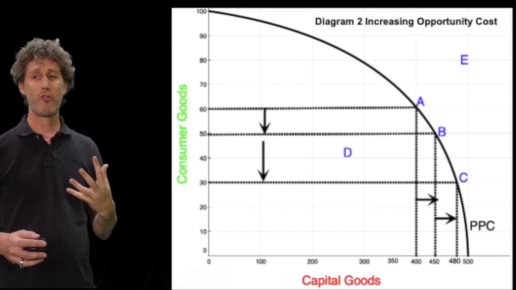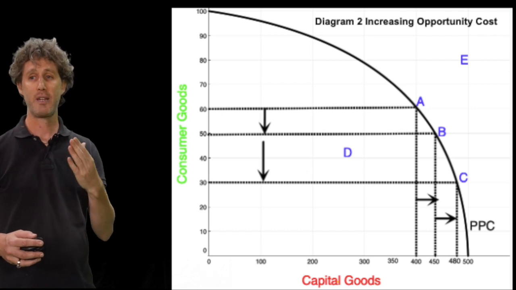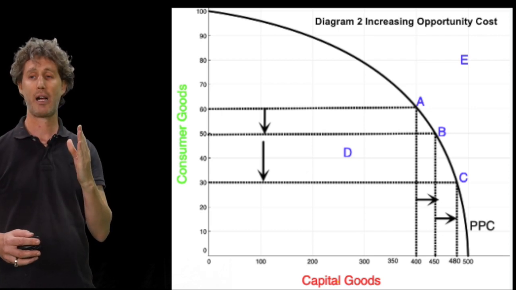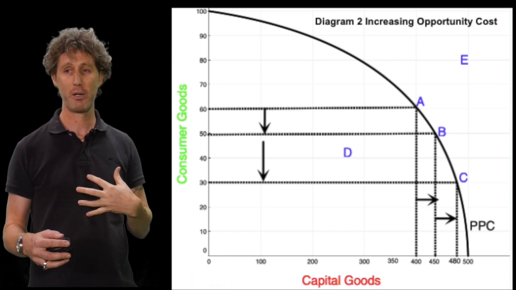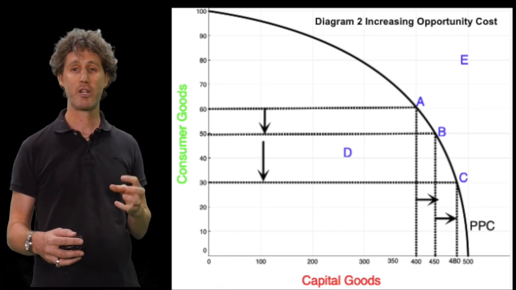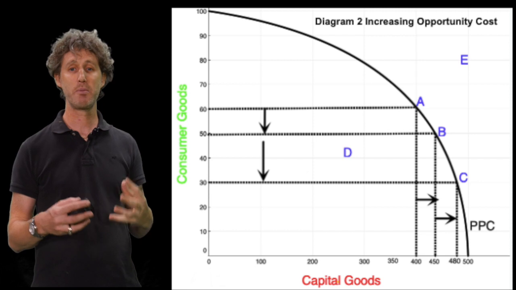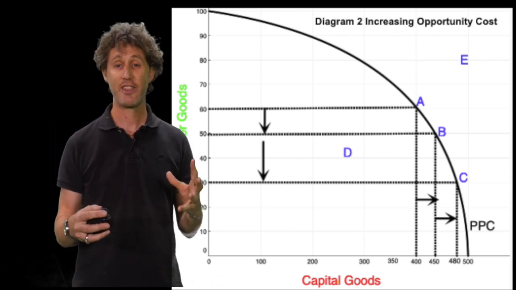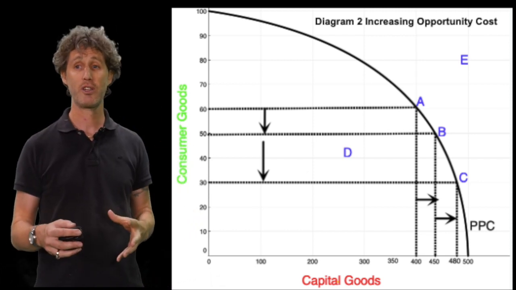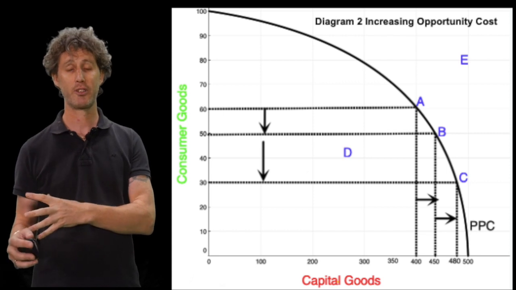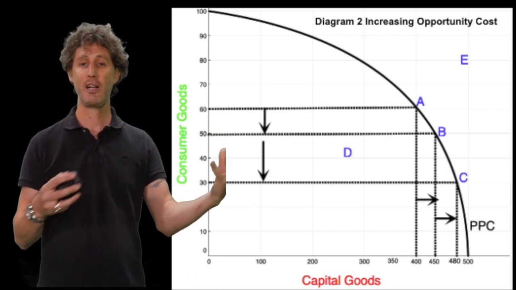Now, if we move closer and closer from B to C, as we get closer and closer to only producing capital goods, well, the opportunity cost starts to increase. This is because not all resources that are used to make consumer goods can be used to make capital goods. So maybe not all the labor is skilled in making capital goods.